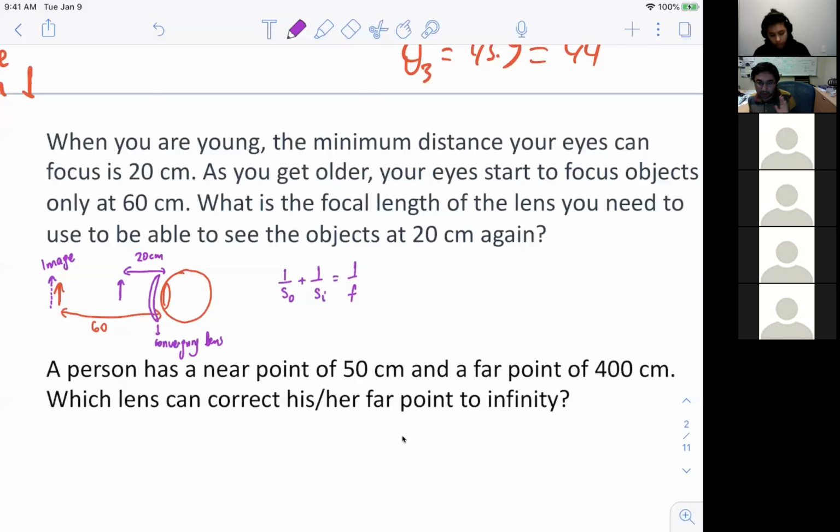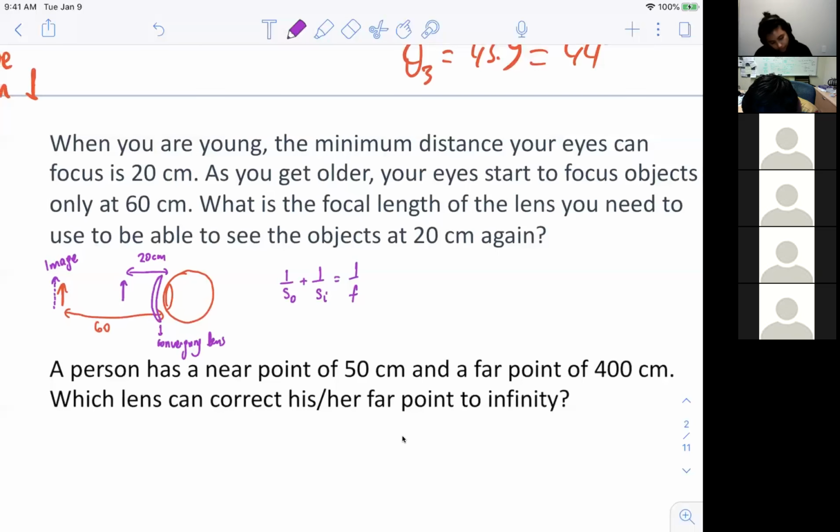When you have an image on the other side of the lens, the location will be positive, but this is about the sign convention. If the image is on the same side, it must be negative. So 1 over S object is 1 over 20 centimeters plus 1 over minus 60 centimeters equals 1 over F.